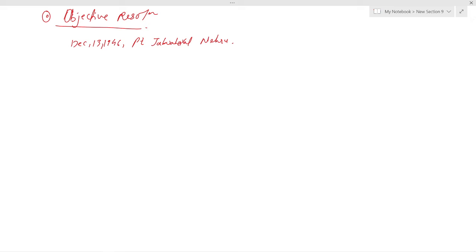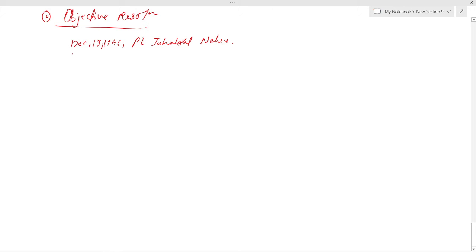It laid down the fundamental philosophy of the constitutional structure.